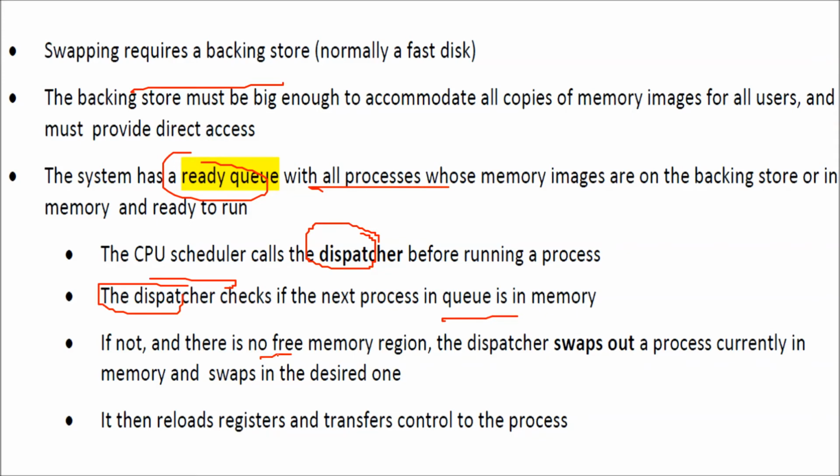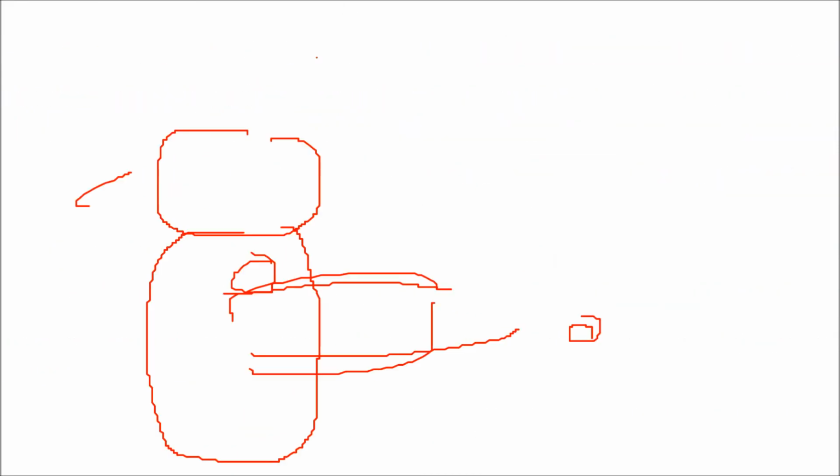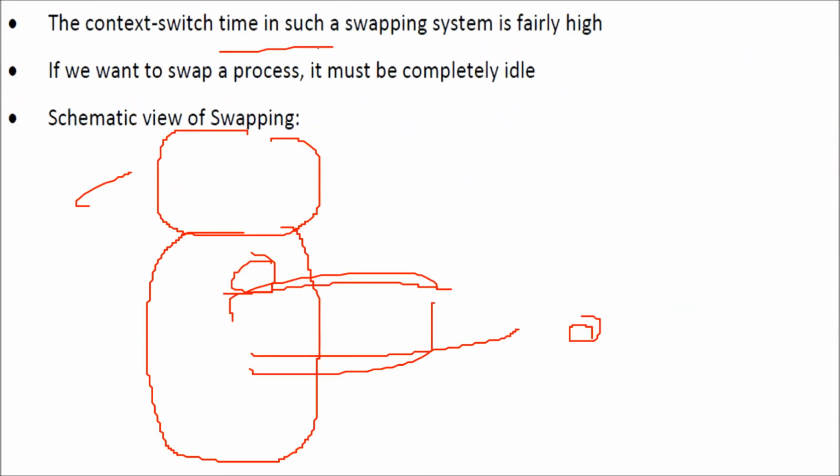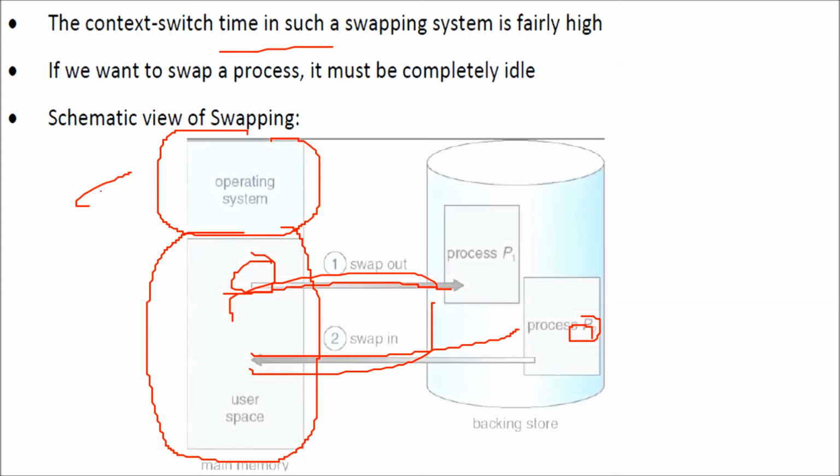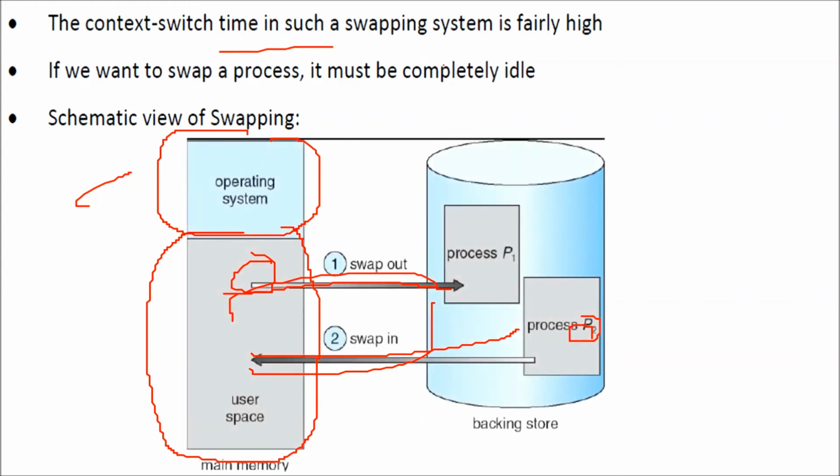If it is not, and there is no free memory region, the dispatcher will swap out a current process which is idle and swap in the desired one. Then it has to do some housekeeping: it reloads the registers and transfers control to the process. The context switch time is also there because we are swapping. So we only swap those processes which are completely idle.